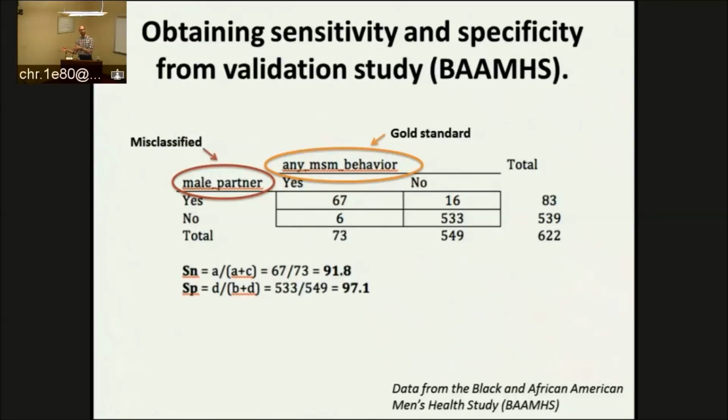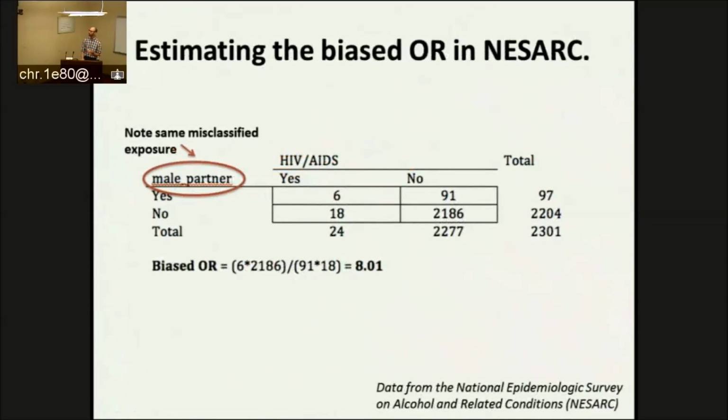You could still have sex with men, but view yourself as not being gay. On the other hand, you can also identify as gay, but not engage in the highest risk type of sexual behavior, which is condomless anal intercourse. It could be entirely oral. So there's this misclassification of what you're actually doing based on what your exposure is, identity or partner.